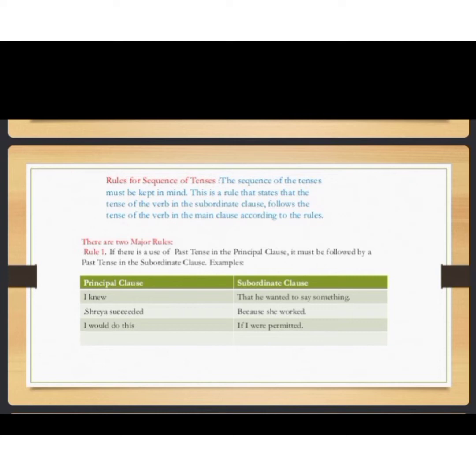Here "Shreya succeeded", the principal clause, is in past tense, so it is followed by a subordinate clause which is also in past tense. "I would do this if I were permitted." So from this it is clear to you that if the principal clause is in past tense, the subordinate clause also will be in past tense, right?